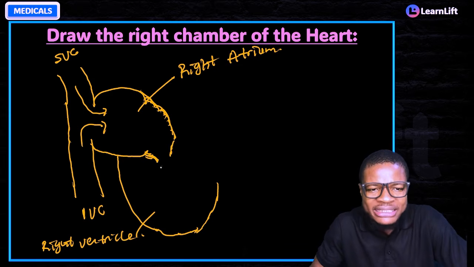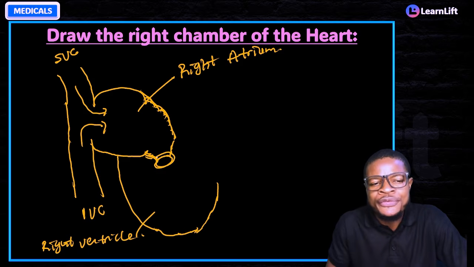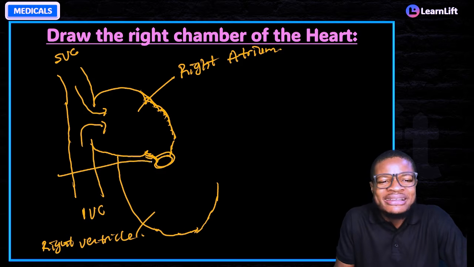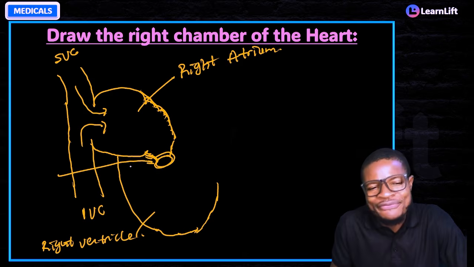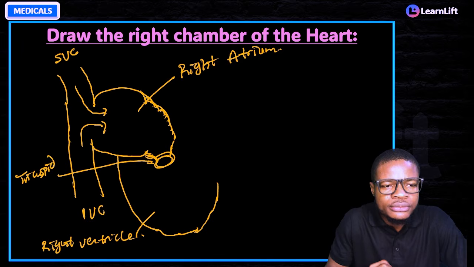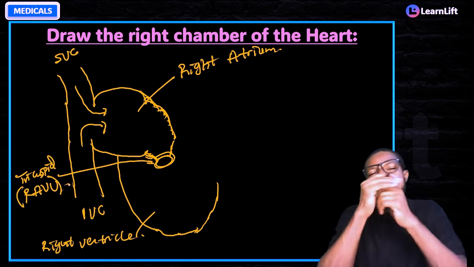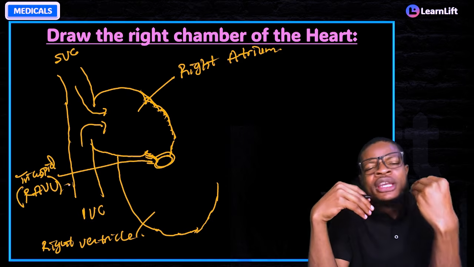So which valve is this guy here? What do we call that valve? It is called the what? The right atrioventricular valve, or the what? The tricuspid valve. Tricuspid. Or the what? Right atrioventricular valve. That's what we have there. So the tricuspid valve is also called the what?